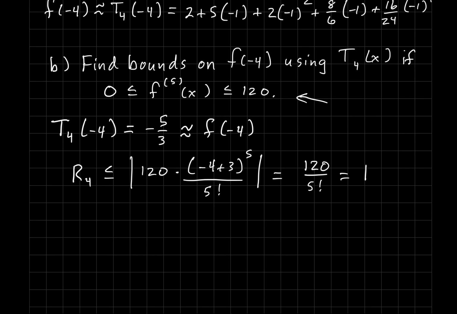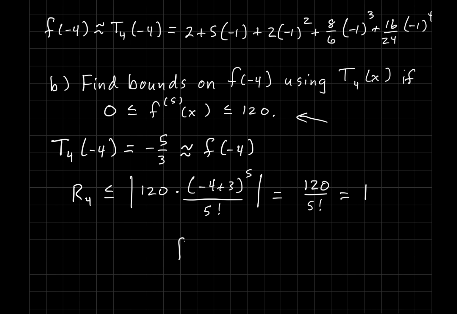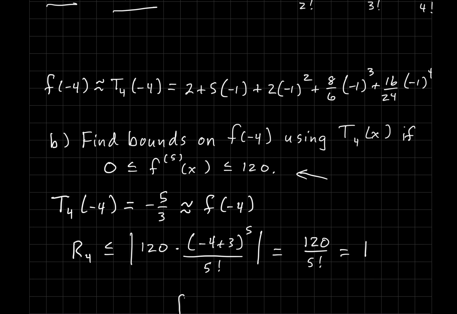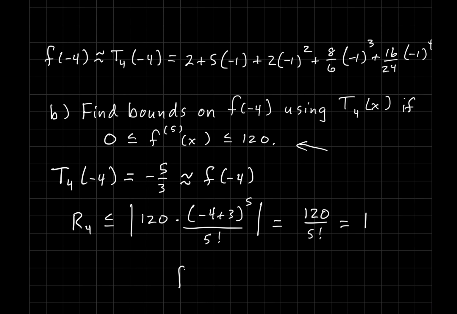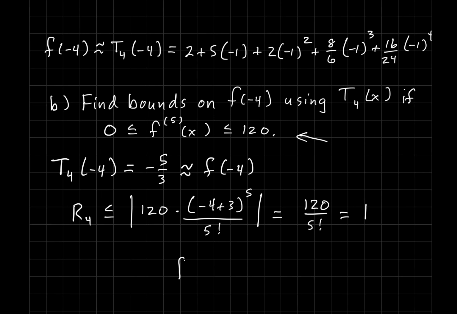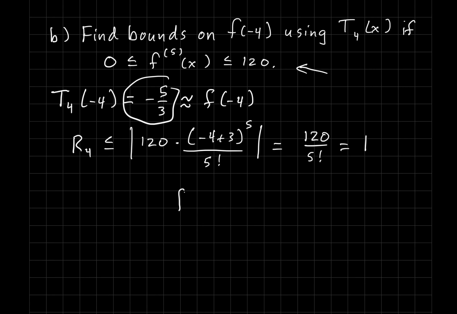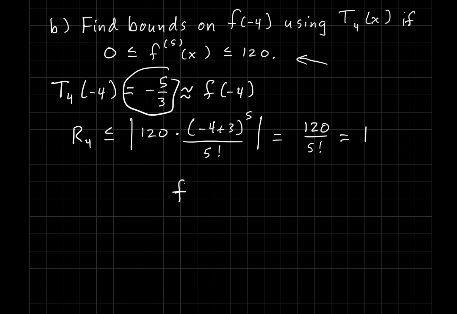So what are the best bounds on f of negative 4? Well, we know that f of negative 4 is approximately negative 5/3. So I could put f of negative 4 right here. And I know it's no more than negative 5/3 plus my error.